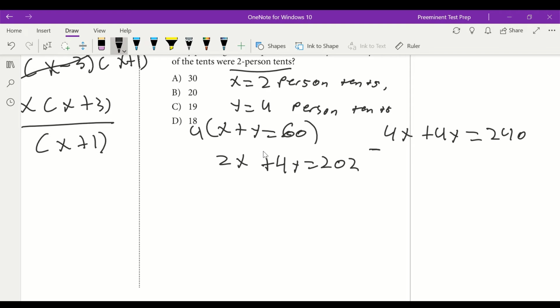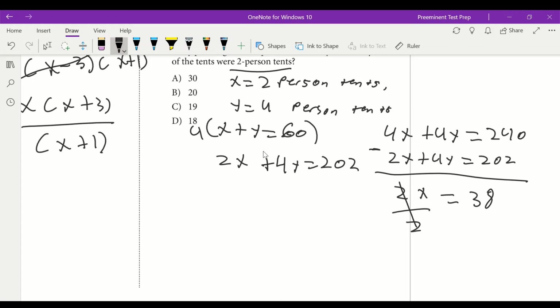Now I'm going to subtract my second equation, 2x plus 4y equals 202. Well, 4x minus 2x leaves me with 2x, 4y minus 4y leaves me with 0, and 240 minus 202 leaves me with 38. I divide each side by 2. I get x equals 38 over 2, which is 19.